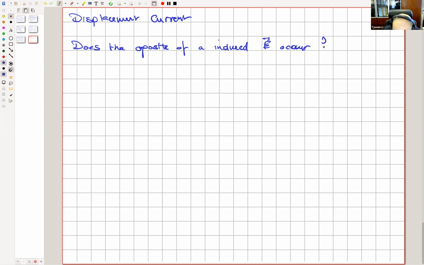In other words, does the rate of change of the electric field produce a magnetic field?